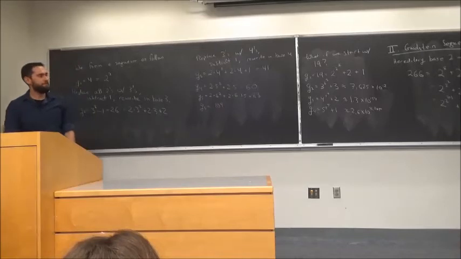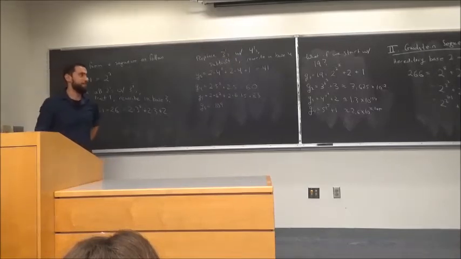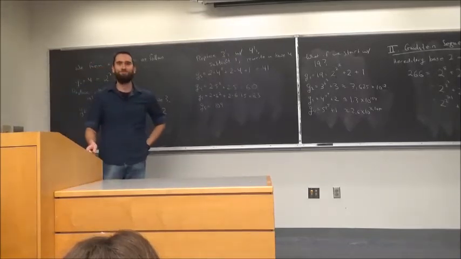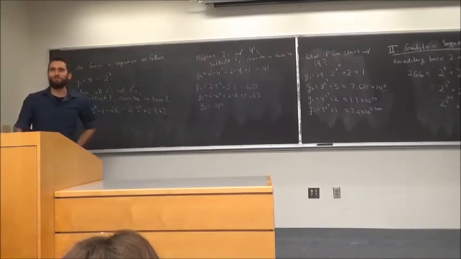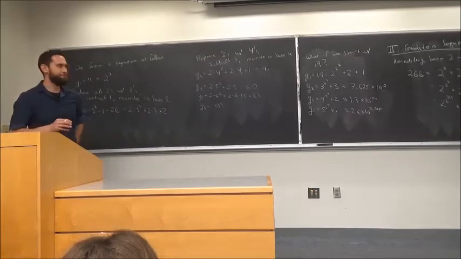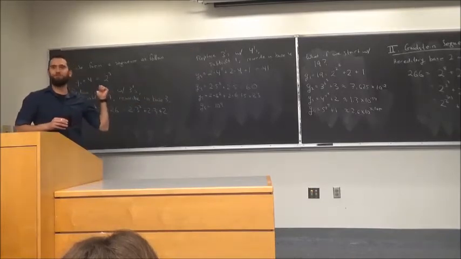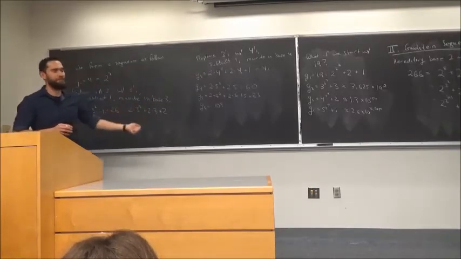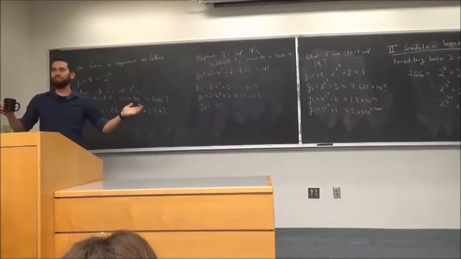So the interesting thing about the sequence is it actually converges to 0. No matter what number you start with, if you define the sequence, it's always guaranteed to converge to 0. And that's what we're going to try to prove today. And we're going to tie it back to the Hydra problem. Just like this sequence blows up really quickly, the Hydra's number of heads seem to blow up really quickly.